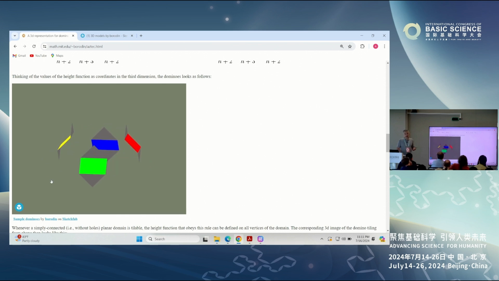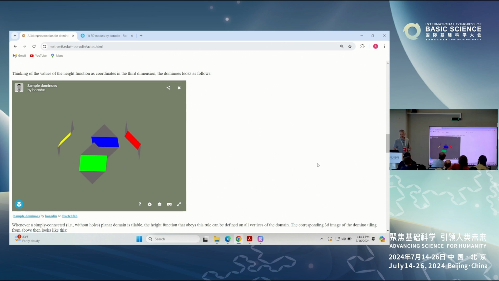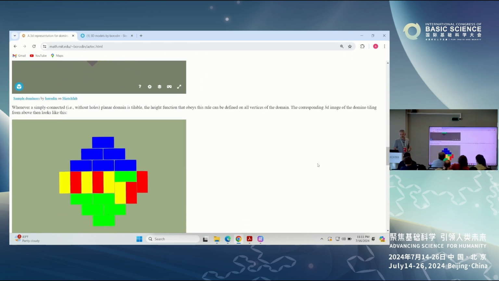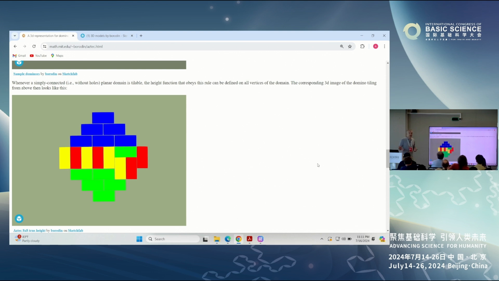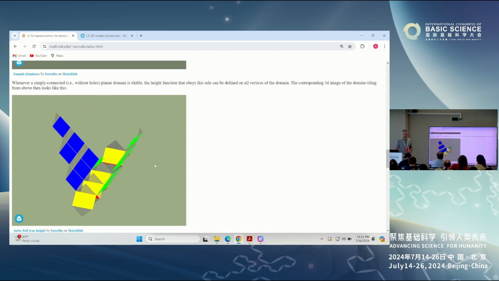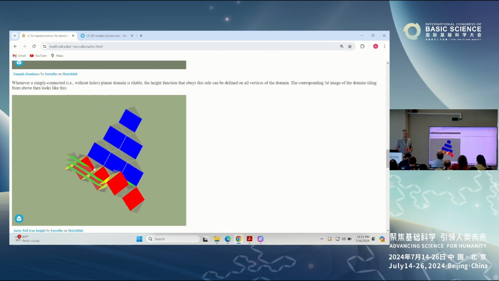Now, the reason for doing that, it looks a little arbitrary at this point, but the good property of what I've just done is that if you start with an arbitrary tiling of a planar domain, of a domino tiling of a subset of the square lattice, and then you replace each domino with this three-dimensional piece, then you will observe a plot of a continuous function.